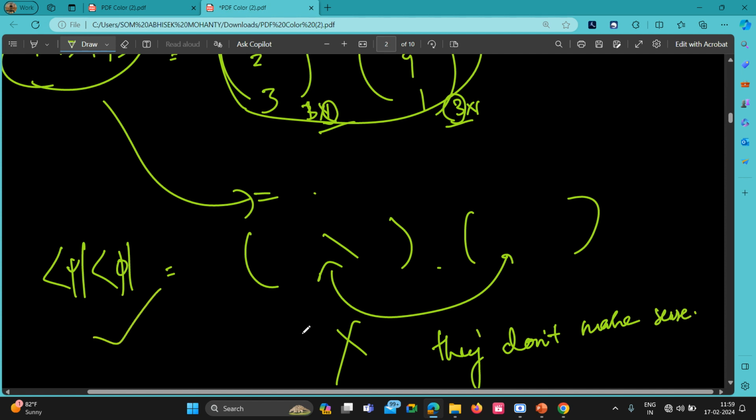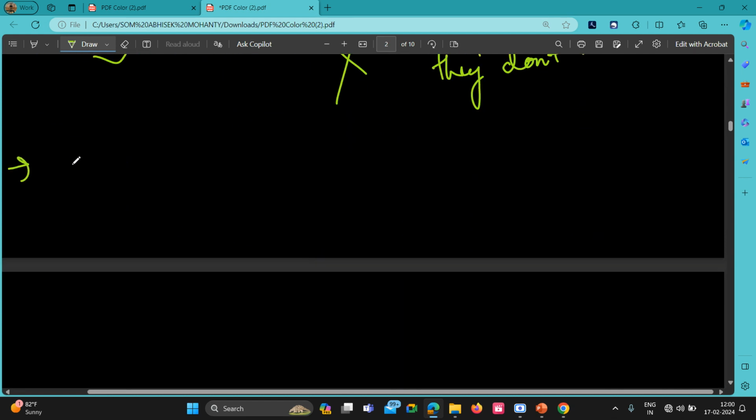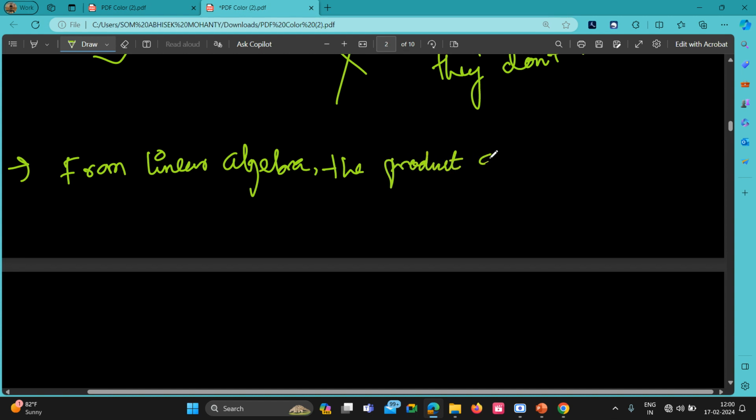This is how we perceive these things. Okay, mathematically, you can write, from linear algebra, the product of two column matrices cannot be performed.